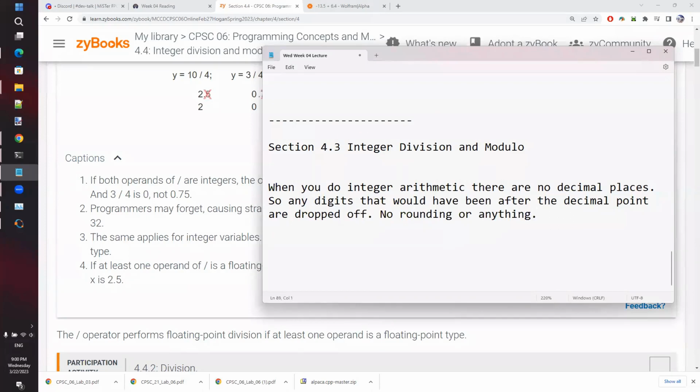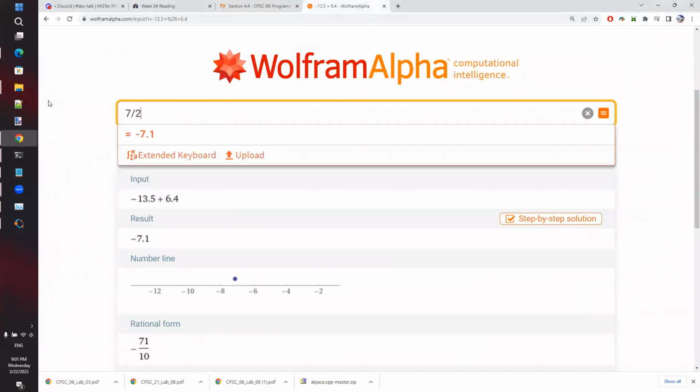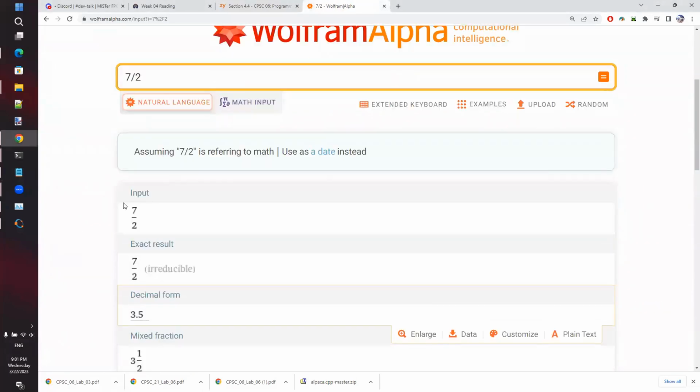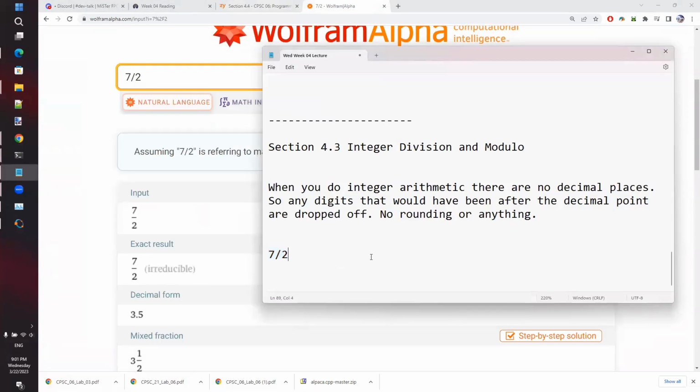They're just gone. Okay. So as an example of that, let's say 7 over 2, right? If you do 7 divided by 2, of course, it's 3.5. That's what it would be in real math.